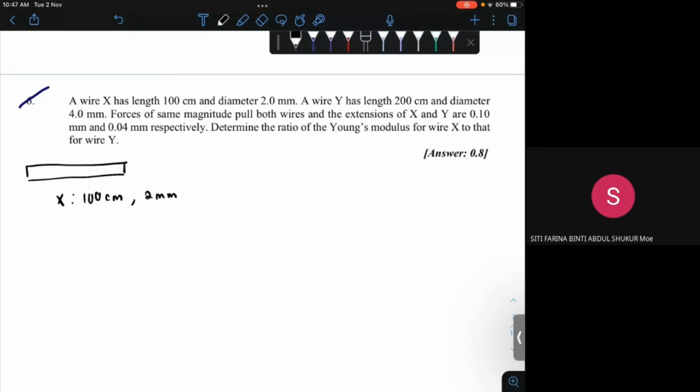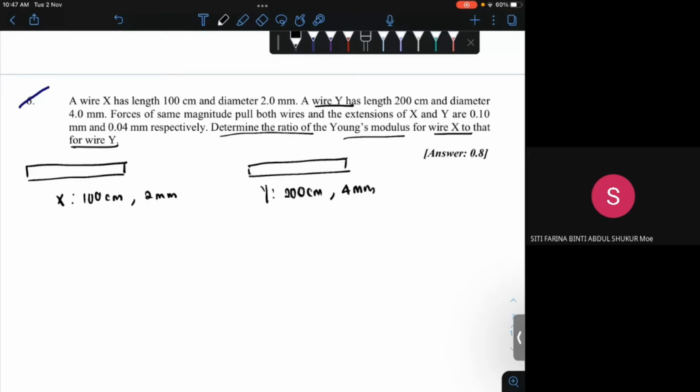And then we have another wire Y. Okay, ini Y kita yang mempunyai length 200 cm and diameter of 4 mm. Forces of same magnitude pull both wires and extension of X and Y are 0.1 mm and 0.04 mm respectively. Okay, determine the ratio of the Young modulus of wire X to wire Y.